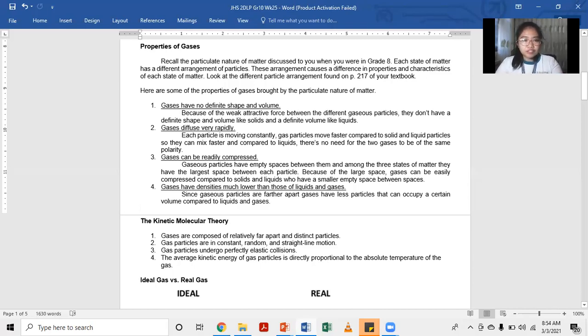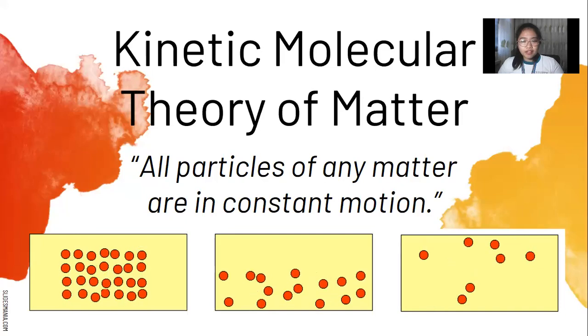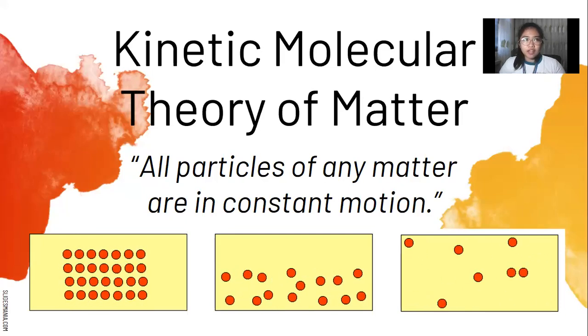Next, gases diffuse rapidly. Each particle is moving constantly. Yun yung nakalagay din sa kinetic molecular theory of matter. Since each particle is moving constantly, mas mabilis or mas mataas yung motion ng mga gaseous particles natin.